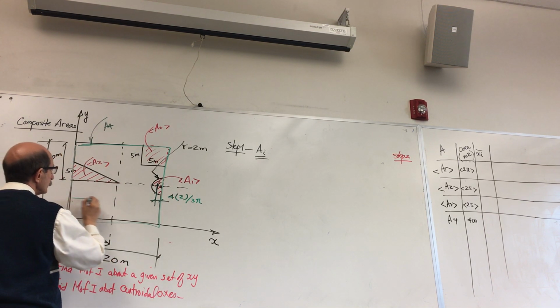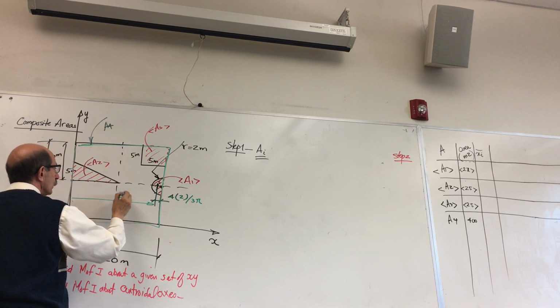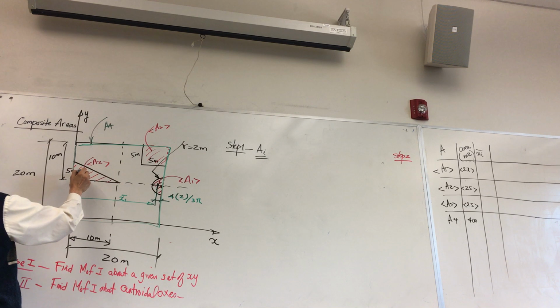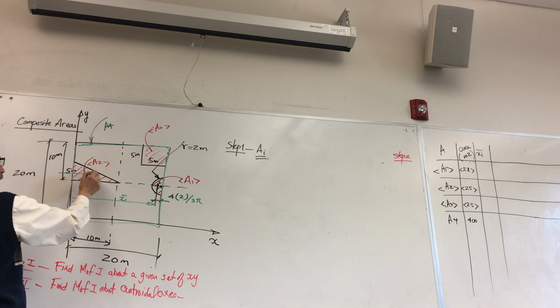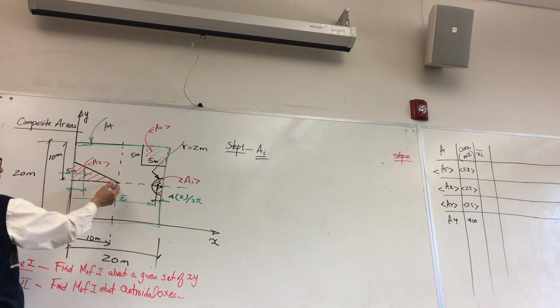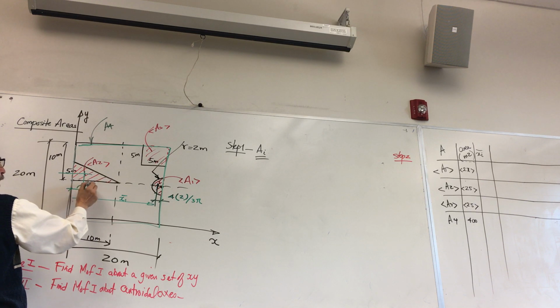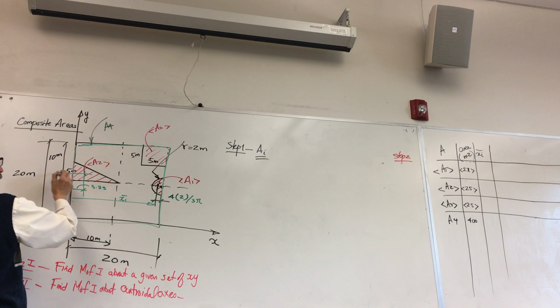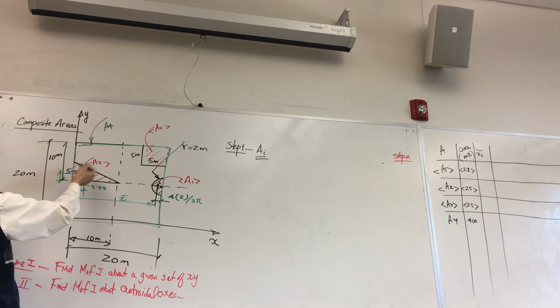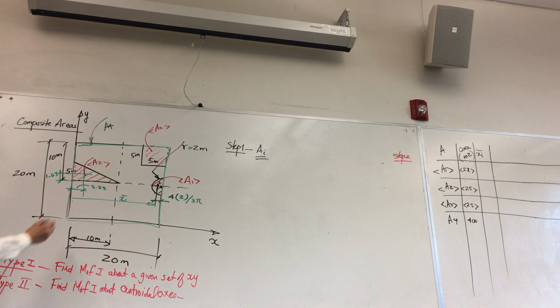So this is x1 bar. For this guy, it is 1/3 here, 1/3 here. The 1/3 here, this is 10, right? So this is 3.33. 1/3 of 5 is 1.67, right?